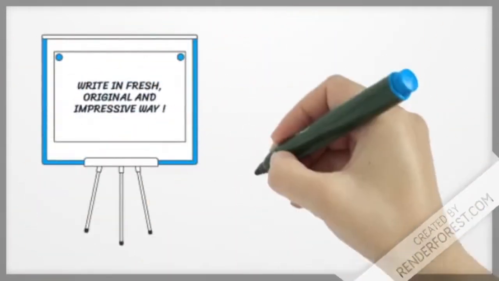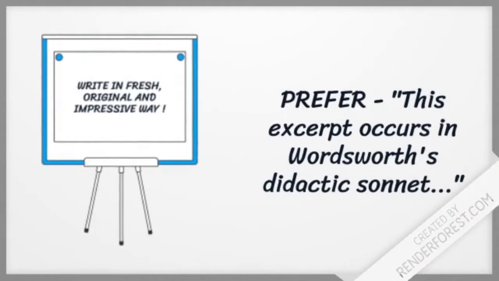So, start to write in a fresh, original and somewhat different way, like this excerpt from Dickinson's masterpiece Because I Could Not Stop for Death reveals valuable robust notions regarding death. In the next one, you can write like this: This stanza occurs in Wordsworth's didactic sonnet Ode to Duty.